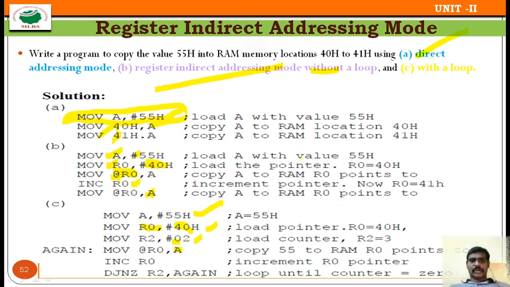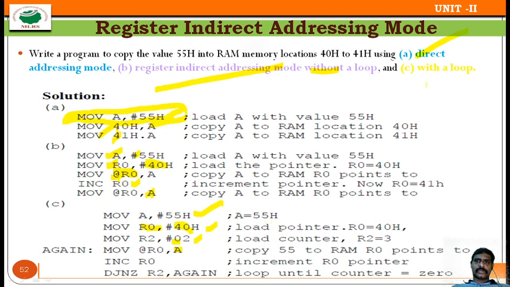Then DJNZ, jump if non-zero. What will happen? DJNZ R2, and again. R2 is now decremented by 1, because DJNZ is a decrement and jump if non-zero on R2. R2 value is 02. Now it is decremented to 1 and the loop will be executed. So again 55 is moved to 41.